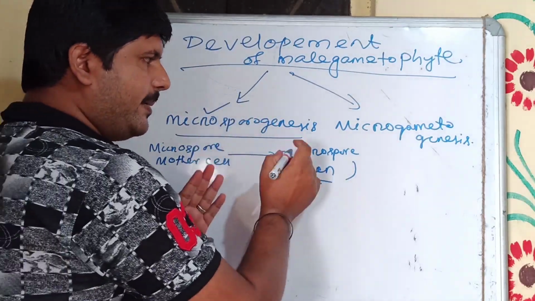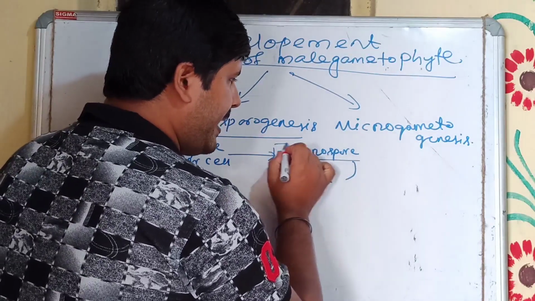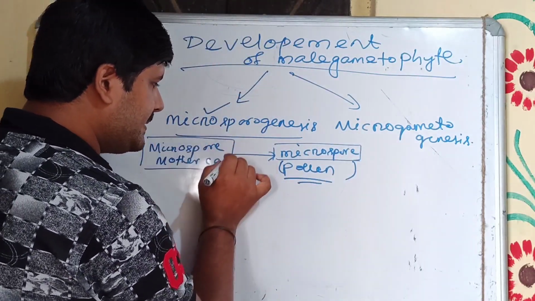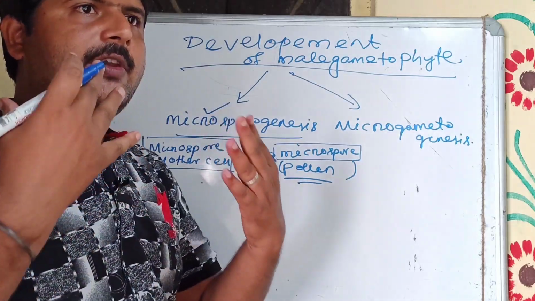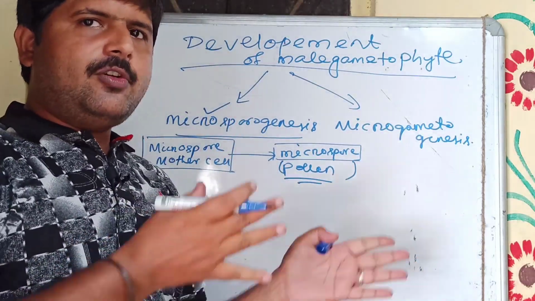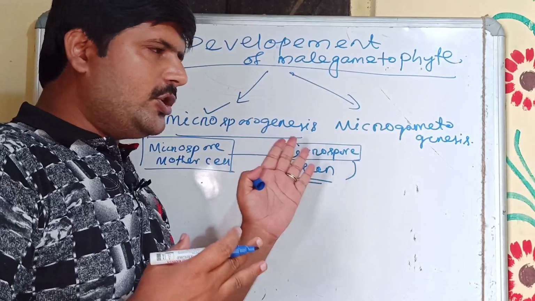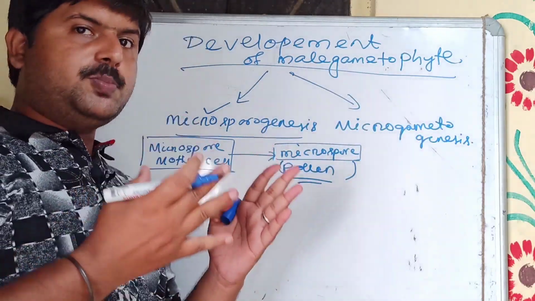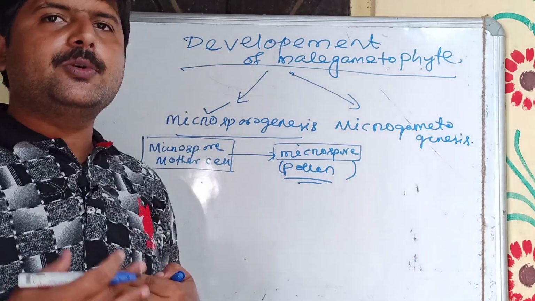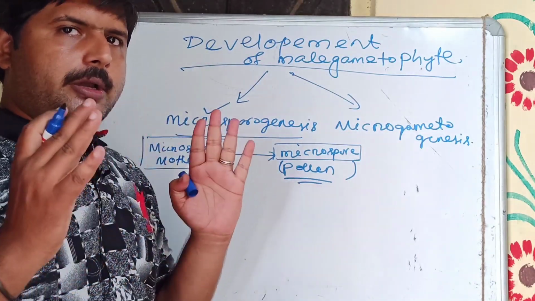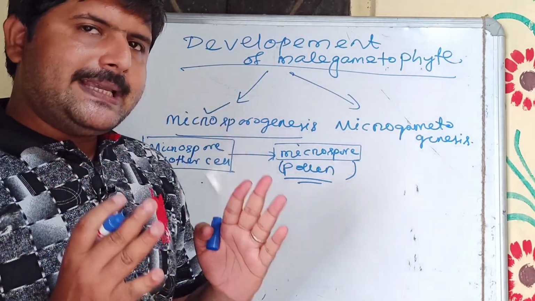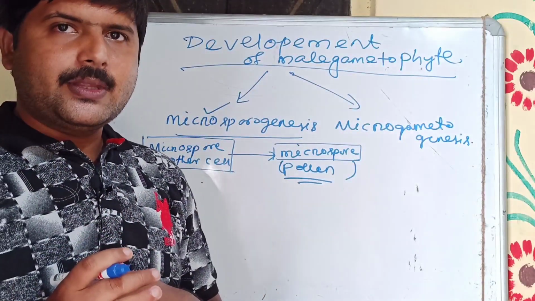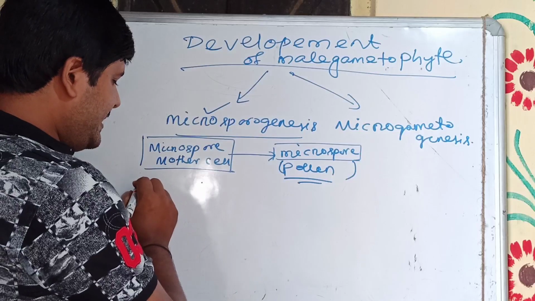So the microspore develops from whom? From the microspore mother cell. Every organism derives from its mother. So the microspore is produced from the microspore mother cell. This process is known as microsporogenesis.